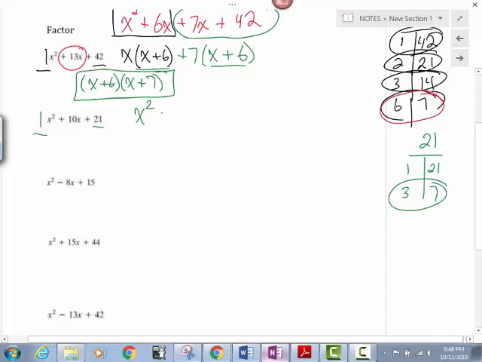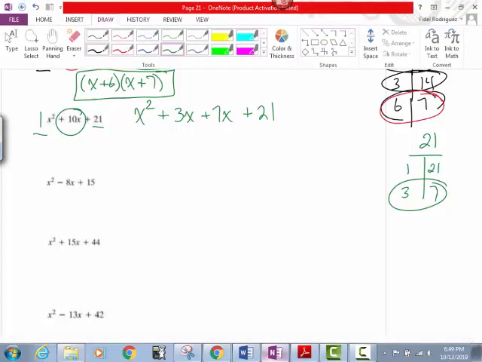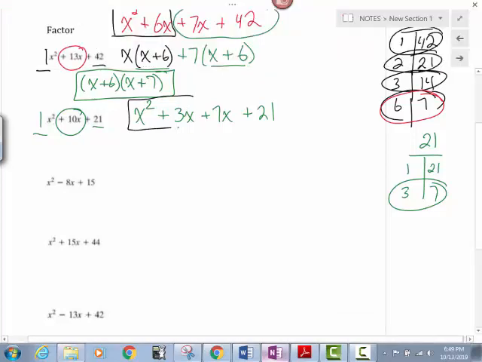We're going to go x squared plus, I'm going to use now a 3x and a 7x, and then my 21. So again, all we did is rewrite the number 10 using the numbers 3 and 7, right? So now let me box these first two. They both have the letter x, and when we factor that out, I'm left with an x plus 3.